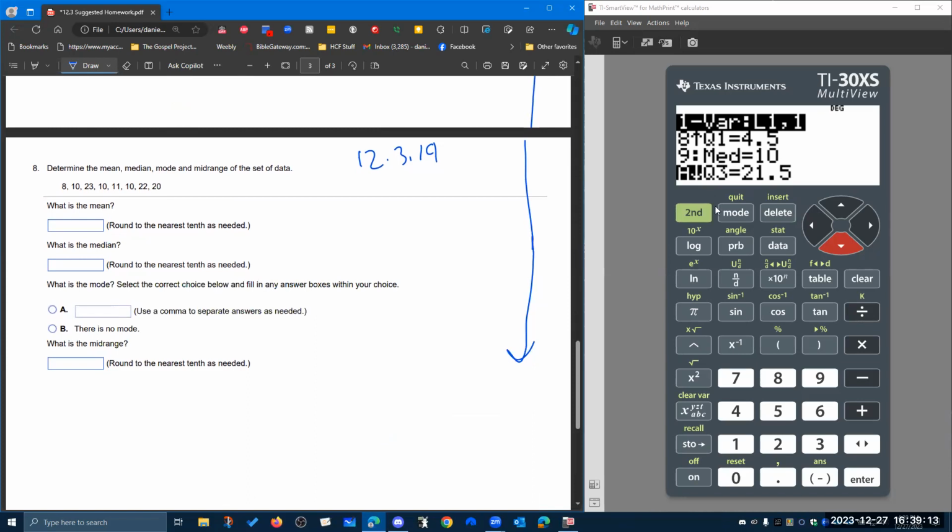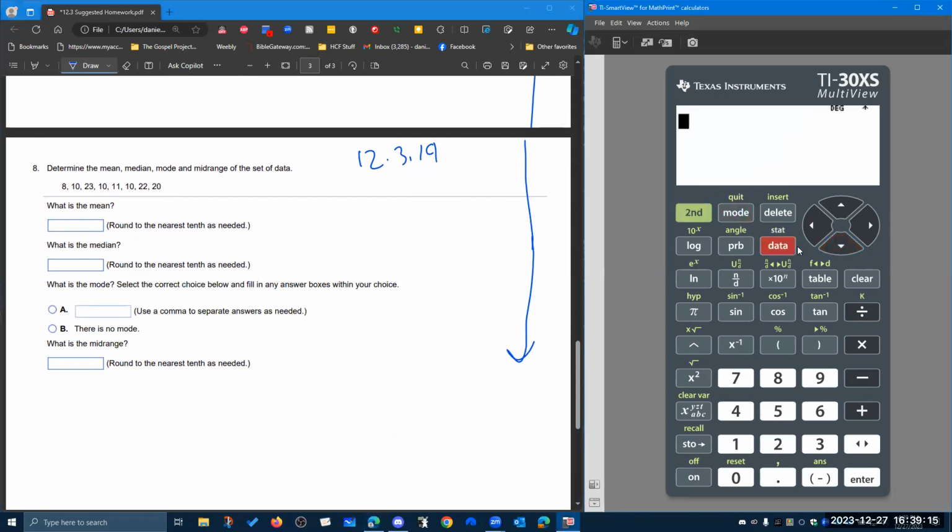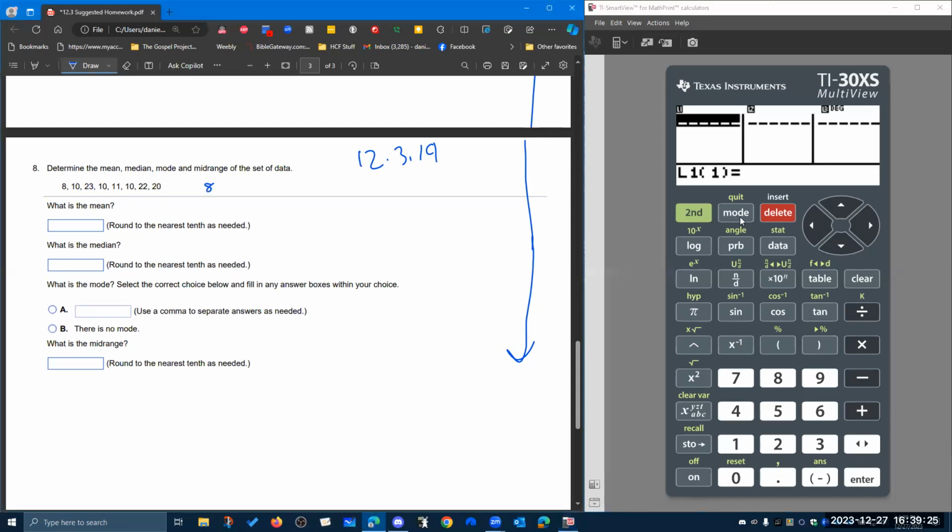And one last problem here. Data is not quite in order, so let's go ahead and get it sorted here. 8, 10, 10, 10, 11, 20, 22, 23.